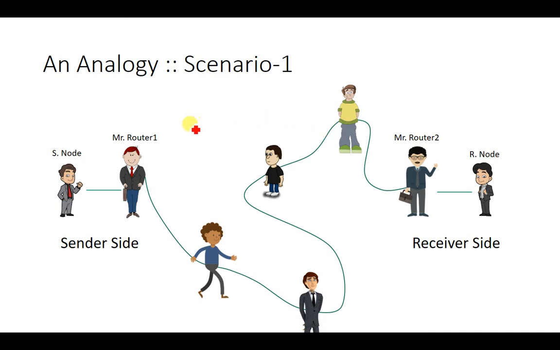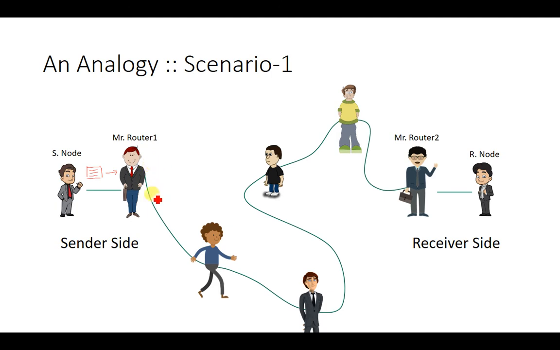Now we have discussed 2 modes of operation. One is called transport mode and another one is called tunnel mode. If you remember, in the transport mode, suppose S node wants to send a packet. Let's say he wants to write a message to R node, then he will type the message on a paper and send it to Mr. Router 1.